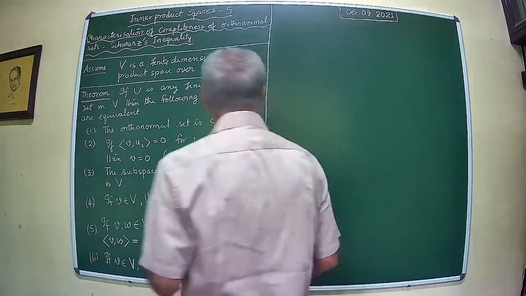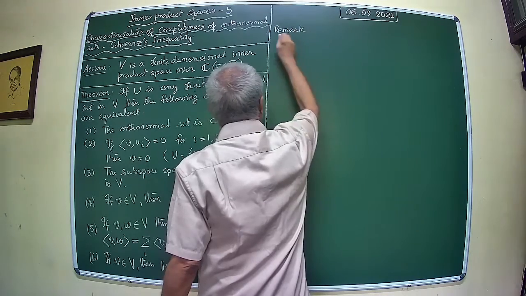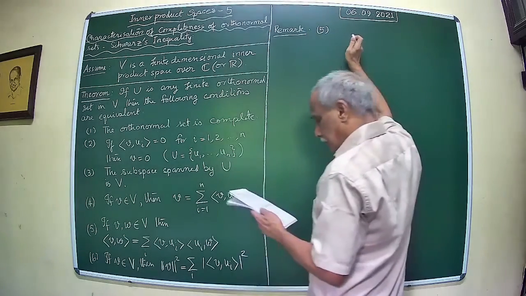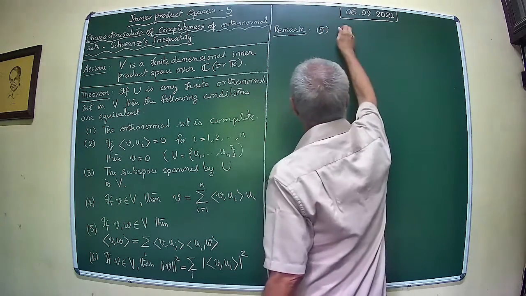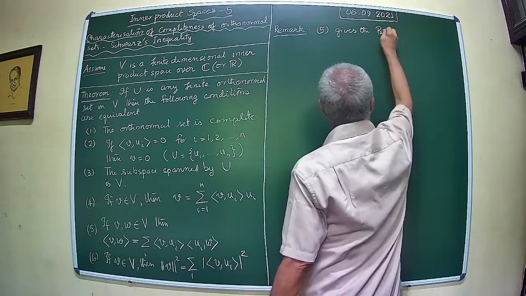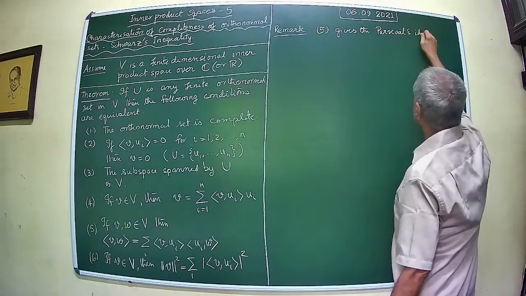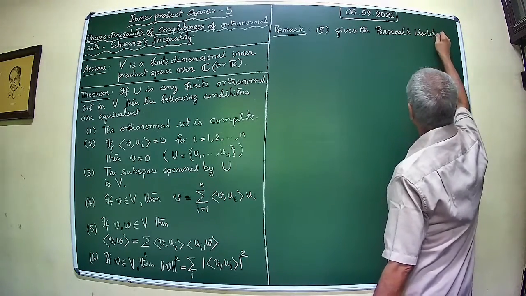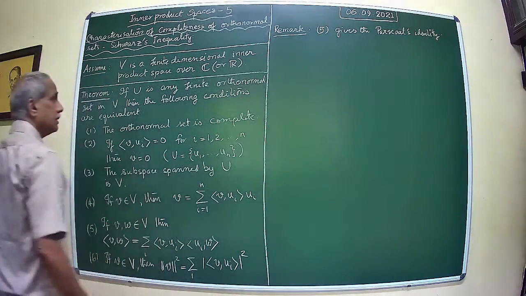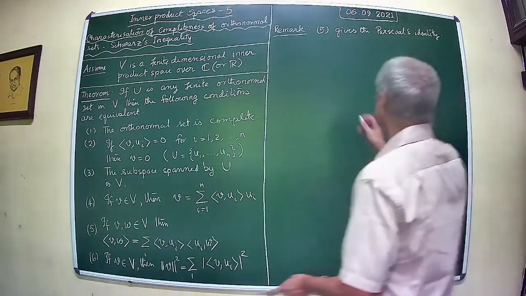Now the remark. Five gives the Parseval identity. And of course six is essentially the generalized Pythagoras theorem.